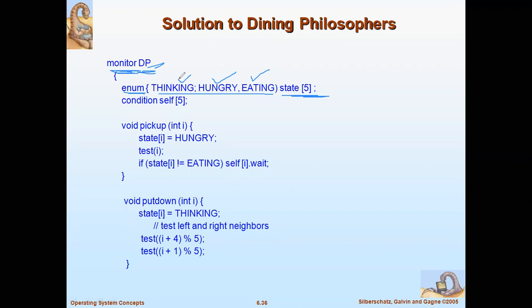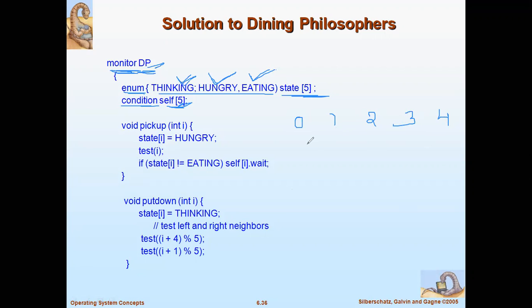A philosopher can be in a thinking state, a hungry state, or an eating state. We have a condition variable here called self, for the five philosophers.